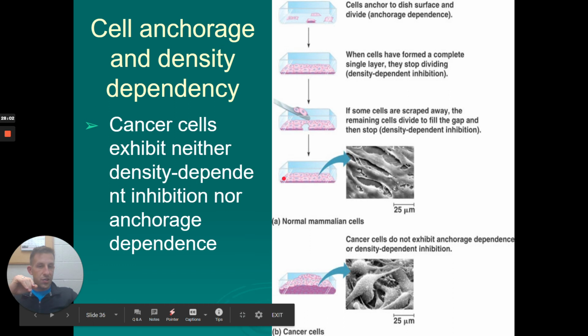Normally in this dish, the cells are going to fill up just the bottom layer and then stop dividing. And if this is a cancerous cell or a cell with a broken cell cycle control system which does not exhibit density dependence, these things are just going to continue to divide over and over and over again.